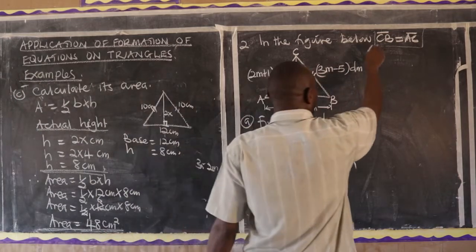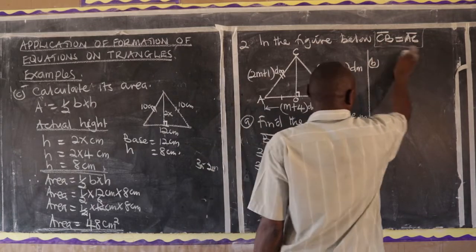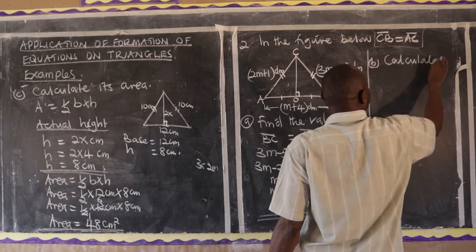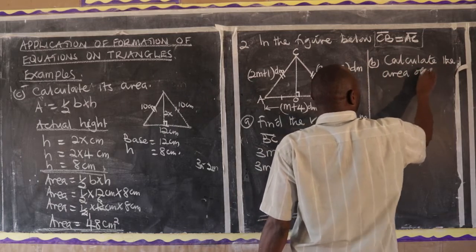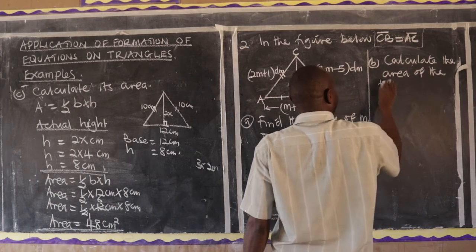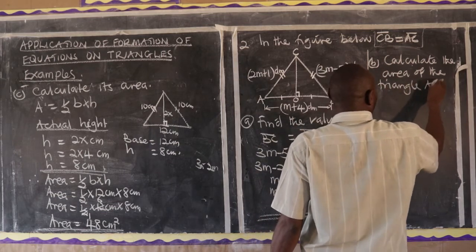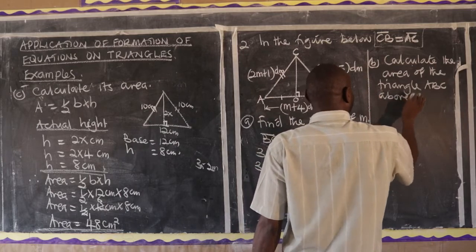Now the next question, let me just go to the next question, which is: calculate the area of the triangle ABC above.